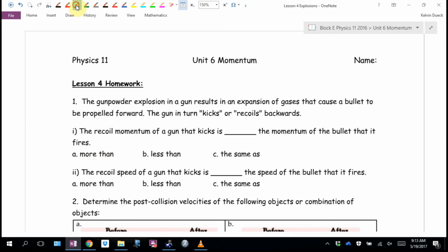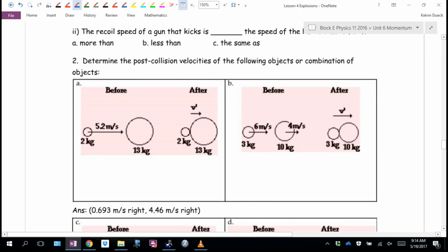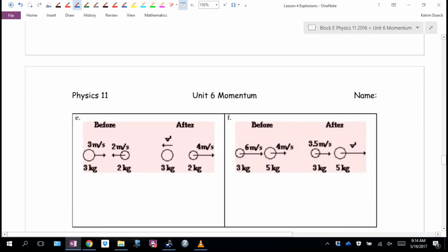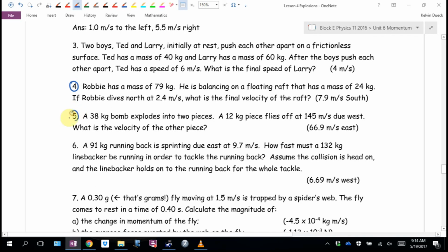Homework to try. I'll give you lots of time so you don't have any homework, or at least not much homework for a long weekend. Number 1 is good. In number 2, I'm giving you some pictures. So we have collisions. I'm using arrows. If they're attached, touching, I'm saying they stuck together after the collision. So I want to just give you some practice with inelastic and elastic collisions. So number 2. Four is good. 5 is good.